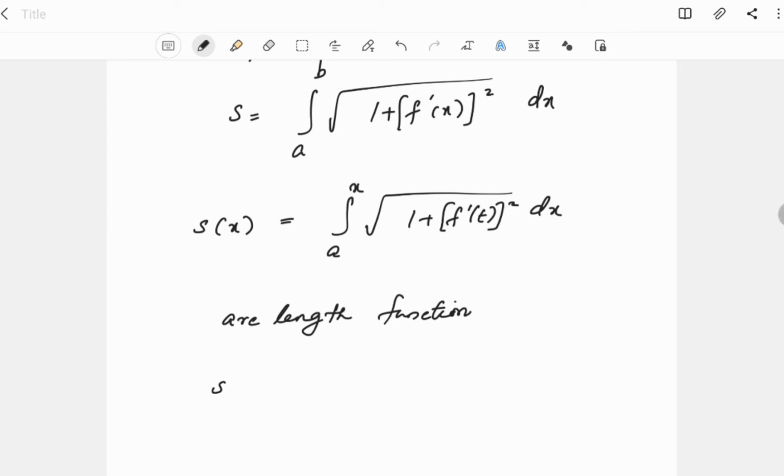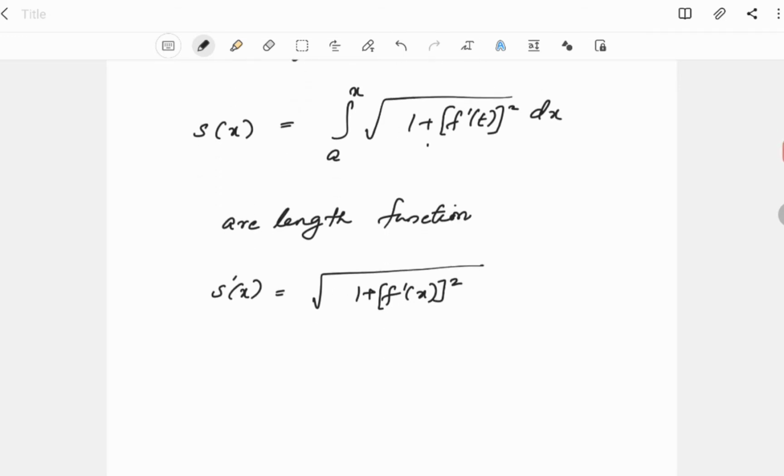We obtain s dash of x is equal to d by dx of this function, which is equal to the square root of 1 plus f dash of x the whole square. That's equal to root of 1 plus dy by dx the whole square.